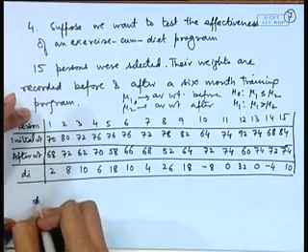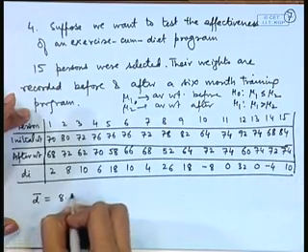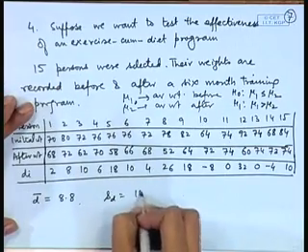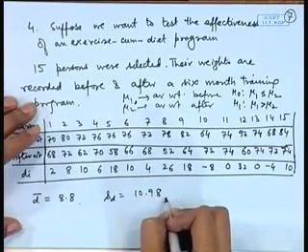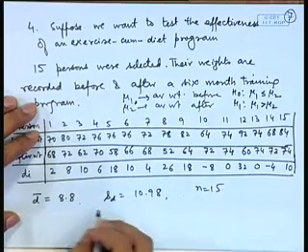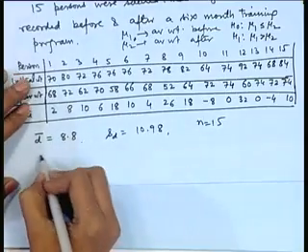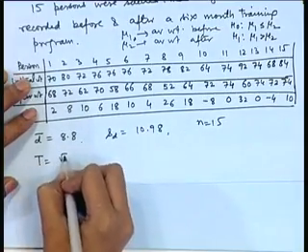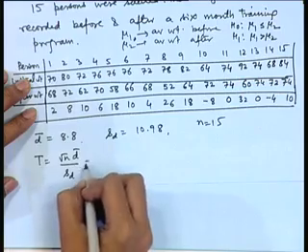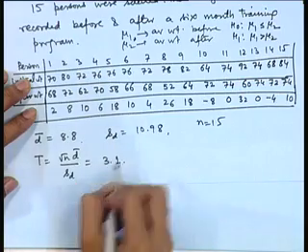So, let us calculate d bar, that is 8.8, SD is equal to 10.98. Here n is equal to 15. So, the value of the t statistic here is root n d bar by SD, that turns out to be 3.1.